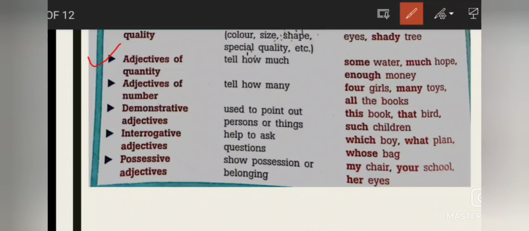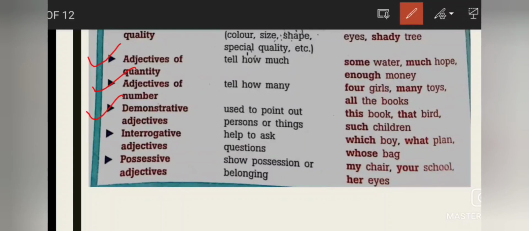Examples: some water, much hope, enough money. Some, much, enough are adjectives of quantity. Number 3. Adjective of number tells how many. 4 girls, many toys, all the books. In these examples, 4, many, all are the adjectives of number.